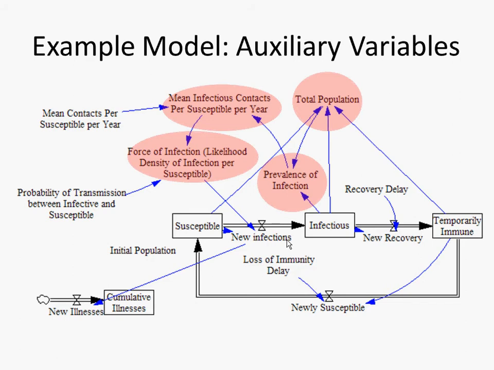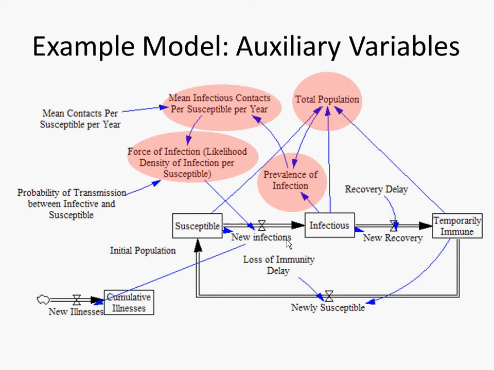We can just refer to total population and change it in one place. If we add a stock, we just change total population in one place rather than many places in the model. So giving names to things like total population, like prevalence of infection, is handy. We can use it as a shorthand for the underlying expression, the underlying formula.